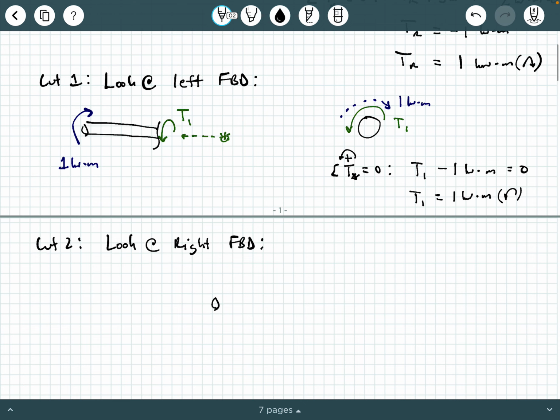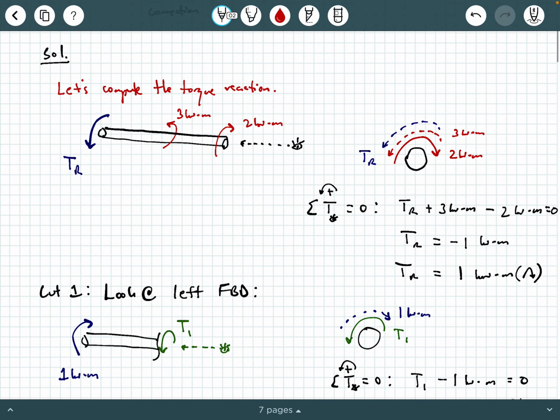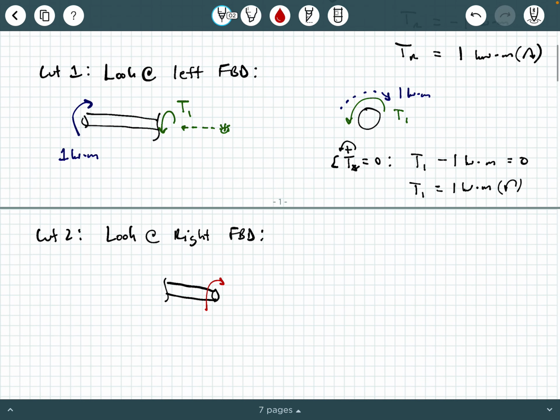All right, so there's that end of the shaft. There's the cut. And then what's showing up at the end of the shaft? Well, there's that applied 2 kilonewton meters, okay? And what's going to be internal here? Well, I've got T2 that I'm looking for here. Now, here again, you can put your viewpoint really anywhere, okay?